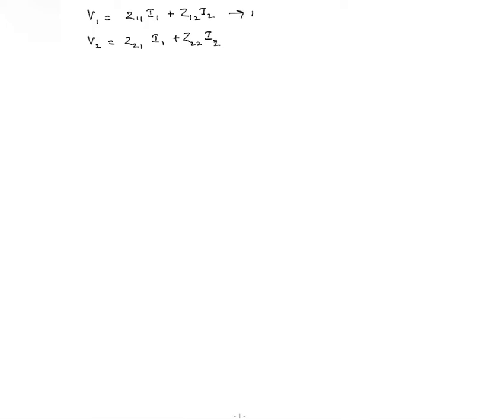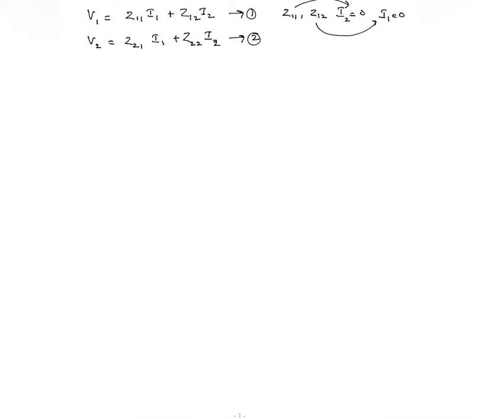So this was equation number 1. This is equation number 2. Now, to find out Z11 and Z12, we had made I2 equal to 0 for Z11, and for Z12, I1 equal to 0.